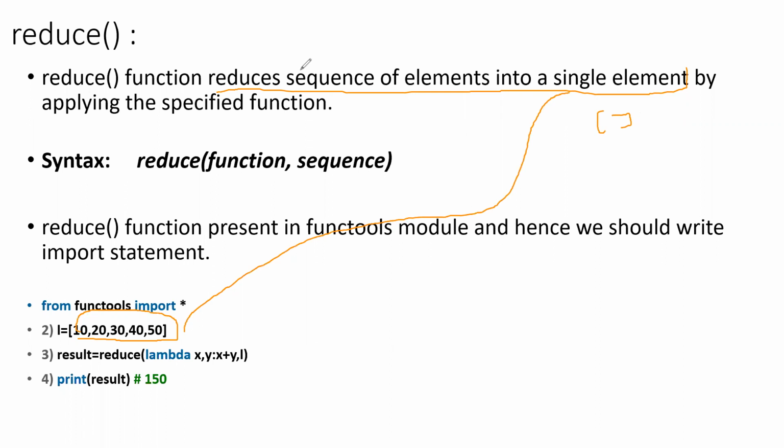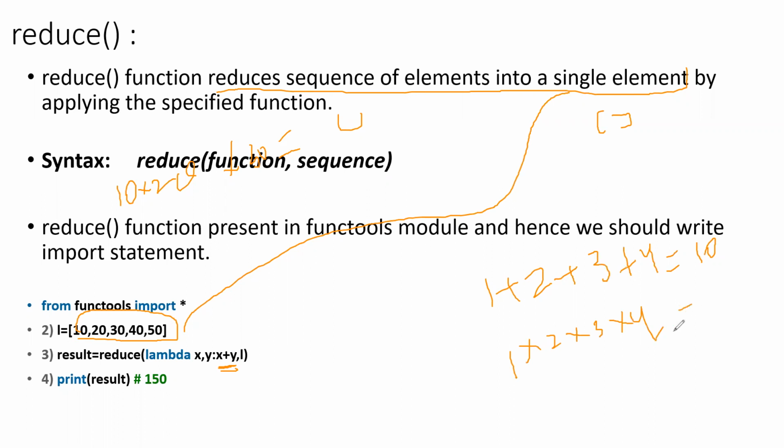Whatever the values given. For example, let's take sum of two numbers. Sum of the numbers or the factorials also can be performed. 10 into 20 into 30 into. After doing all this, we'll get a single value, right? For example, let's take 1 plus 2 plus 3 plus 4 equal to 10, or 1 into 2 into 3 into 4 equal to 24.